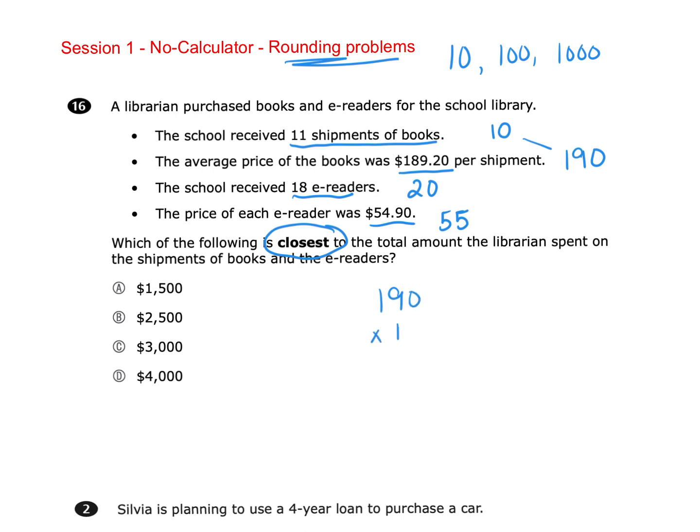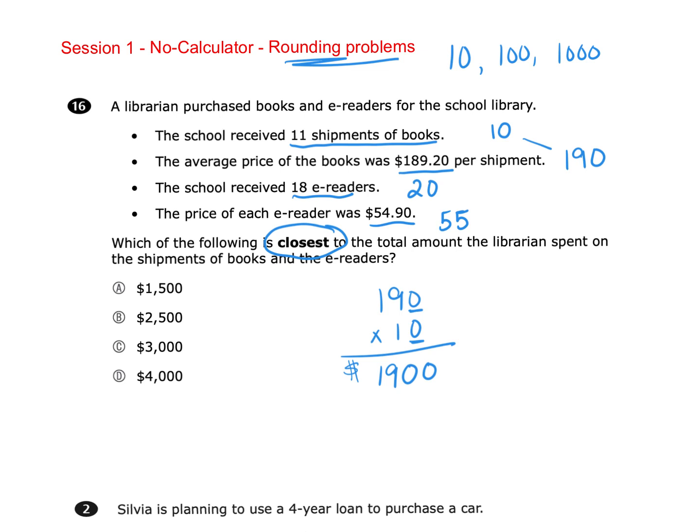Now, when you are multiplying by zeros, all we have to do is multiply the two non-zero numbers. So in this case, I got 19 times 1, so that's 19, obviously. And I have 2 zeros in my answer, so that means I need to add 2 zeros to my answer. So that gives me $1,900.